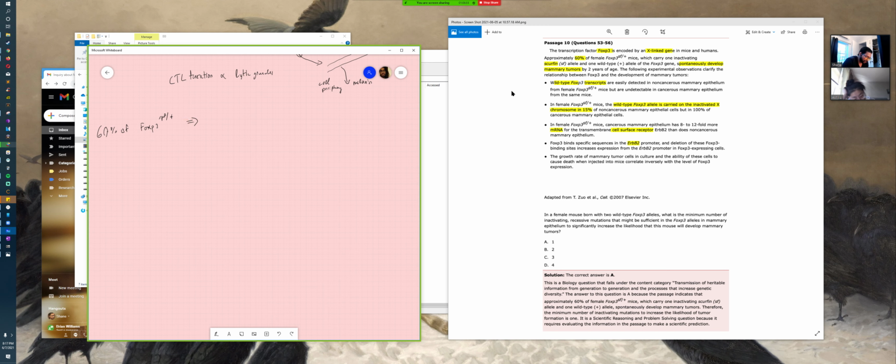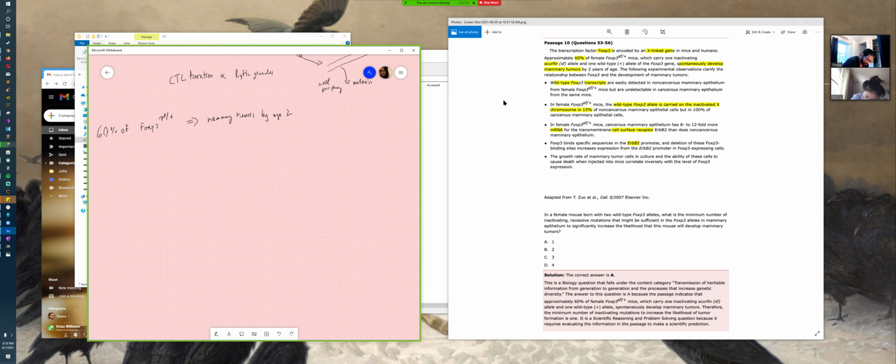Oh, yeah, it doesn't say if it's cancerous or not. So let's see. Mammary tumors by age 2. All right. Now, non-cancerous. Okay. Undetectable and cancerous. Okay.